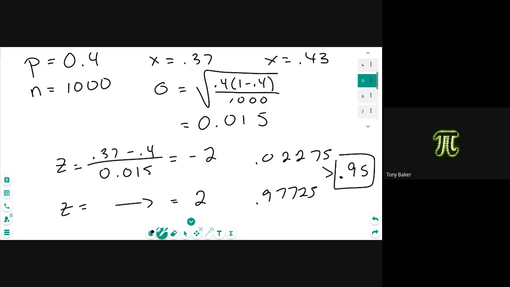That's why every poll you ever see says ±3% on the bottom of the screen. And if you don't see it listed there, I guarantee you it's ±3%, because these are the numbers they use to get them.